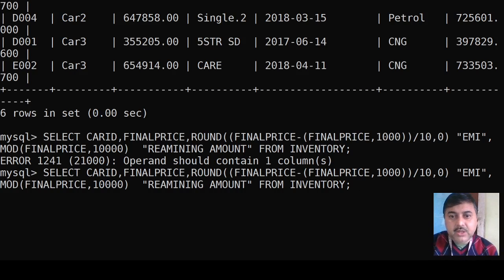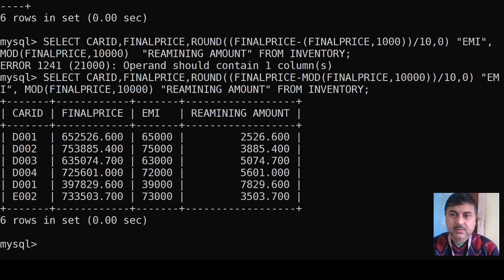What changes are we going to implement? We had written: select card ID, final price. Then we make a round of the final price. Then we implement those values.